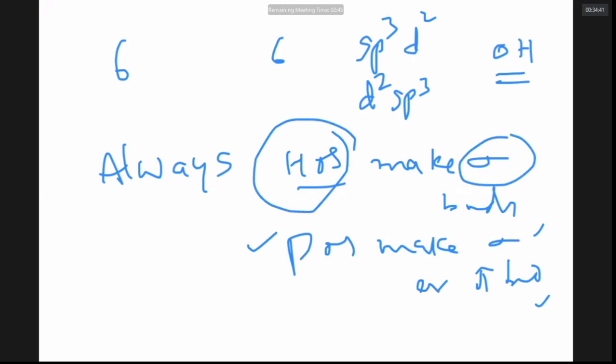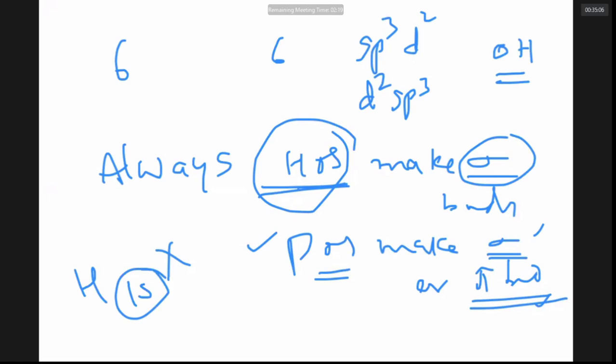Please remember, if it is a hybrid orbital, it should make sigma bond only, no option other than that. If it is a pure orbital, it can make sigma bond or it can make pi bond. Notice, hydrogen has only one s orbital. It has no scope to make any hybridization. Hybridization is impossible for hydrogen atom because it has only s orbital.